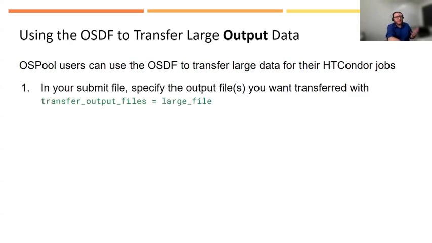So again, in your submit file, you'll want to specify the files you want to have transferred. The syntax here is a little bit more complicated. In transfer_output_files, you're saying, relative to where the job was running in its temporary directory on the execution point, where's the large file you want transferred.